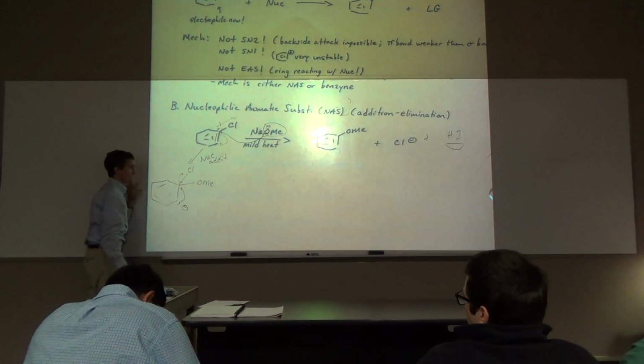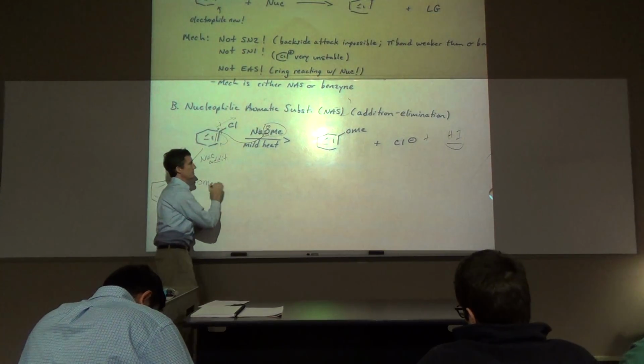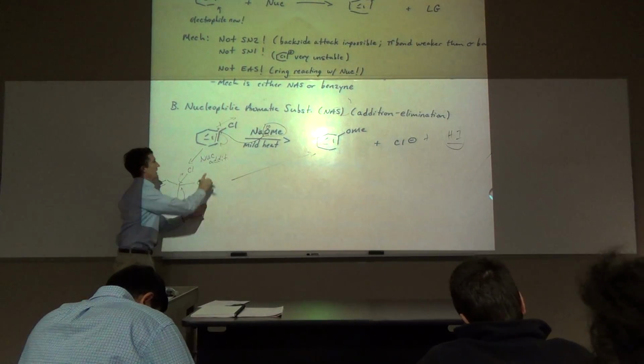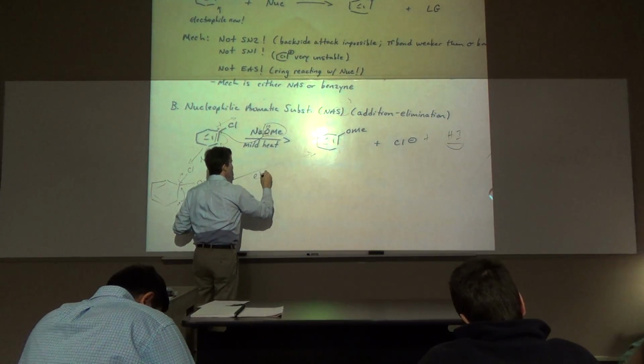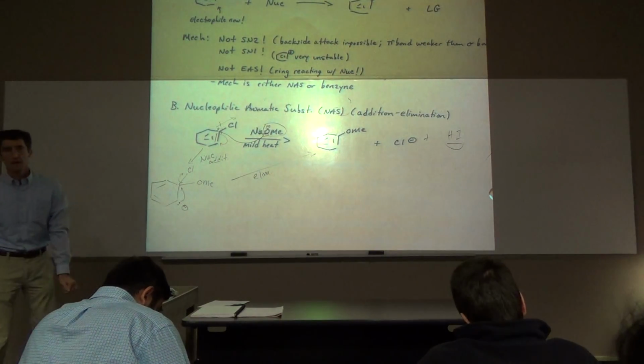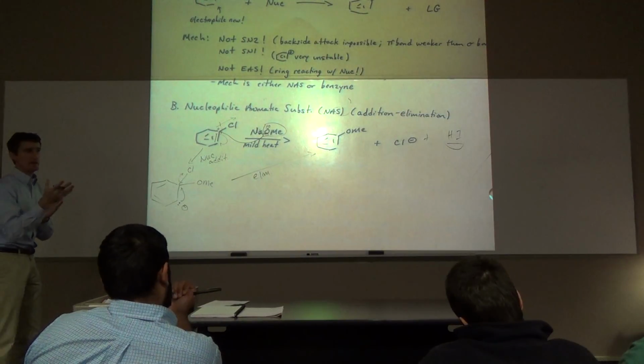Elimination. Now we kick off, which one's a better leaving group? Cl. Yes, we kick that off. What does that give? It gives that. Addition followed by elimination, just like what we saw with the thionyl chloride type stuff, tosyl chloride.